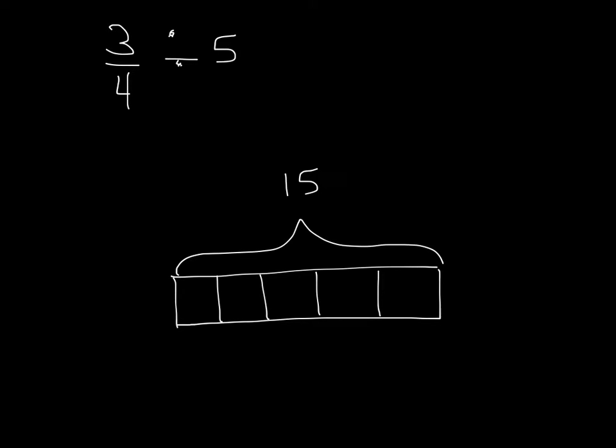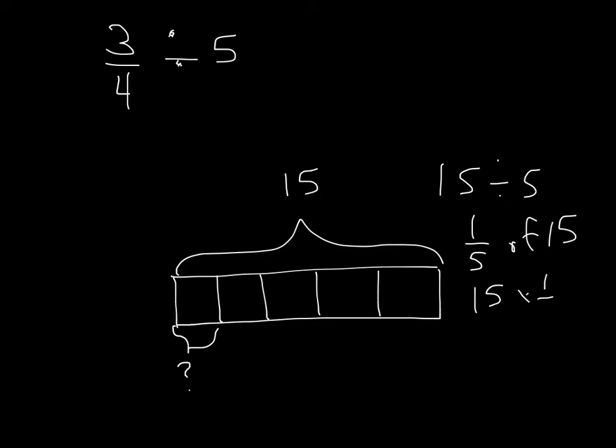We would put a 3 in each box. So the question mark here would be a 3. But we've also said that that's 1/5 of 15, which we've written as 15 times 1/5. 15 times 1/5 is also 3.